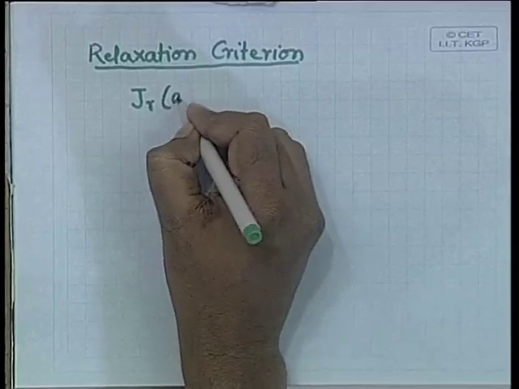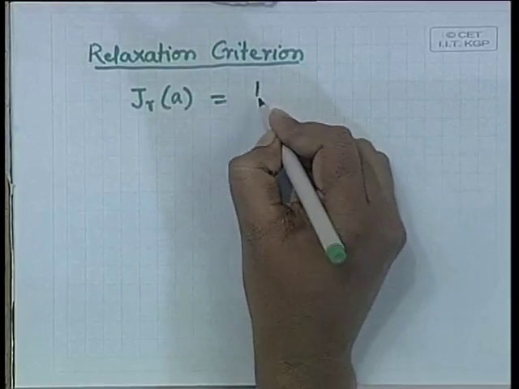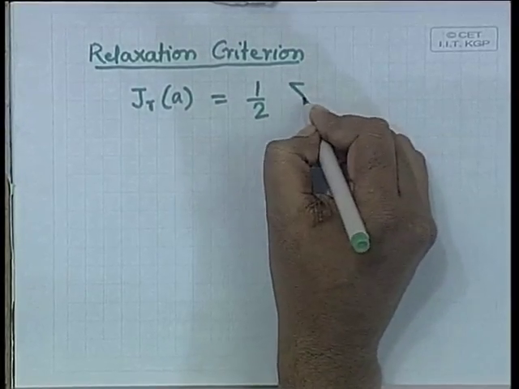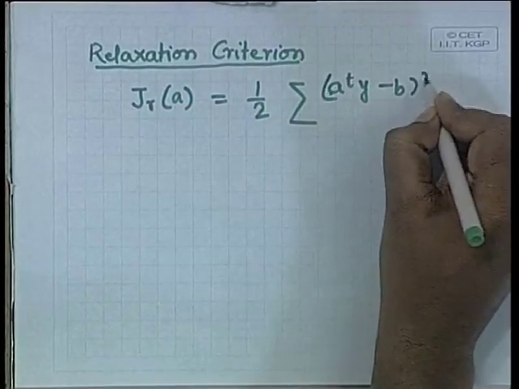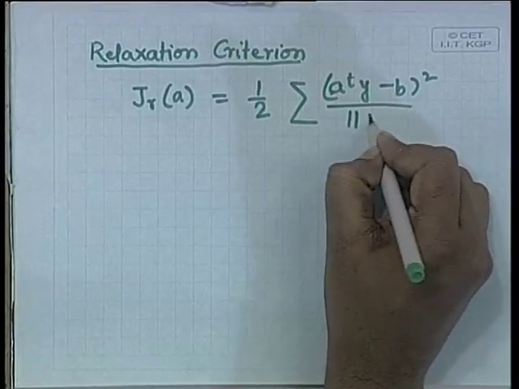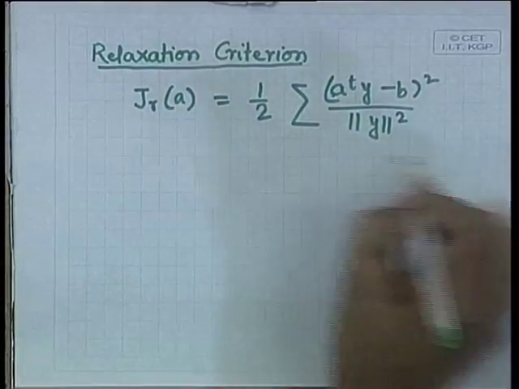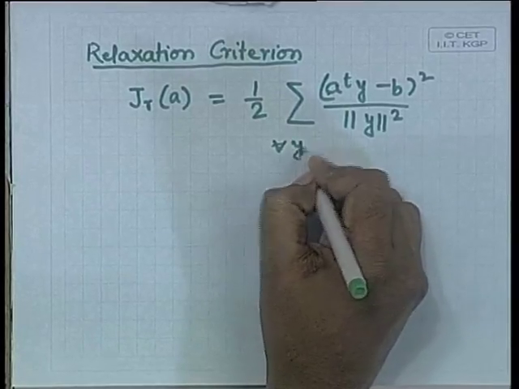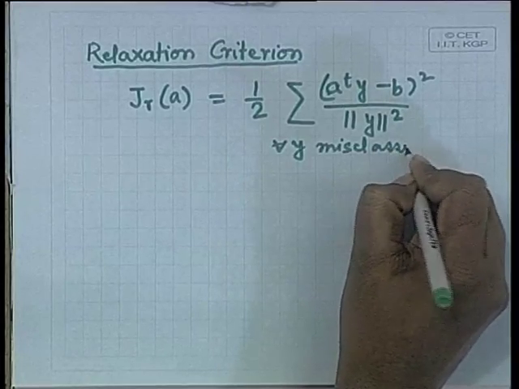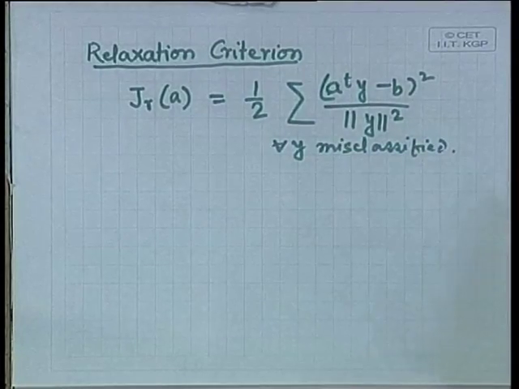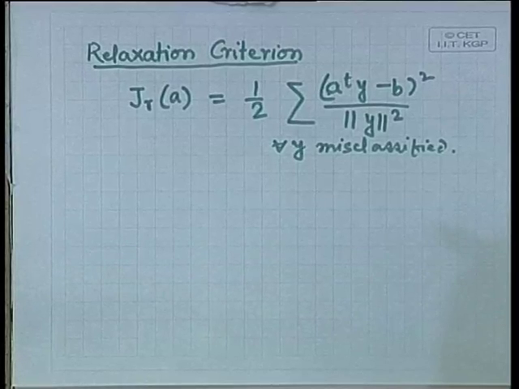In the relaxation criteria, the criteria function was modified as J r A, which is half of A transpose y minus B, whole square, upon modulus of y square. Again here the vector y is misclassified, so it has to be done for all y misclassified. But our design rule remained the same, that is you take the gradient of this with respect to A and then follow the gradient descent procedure starting from some initial weight vector which is chosen arbitrarily.